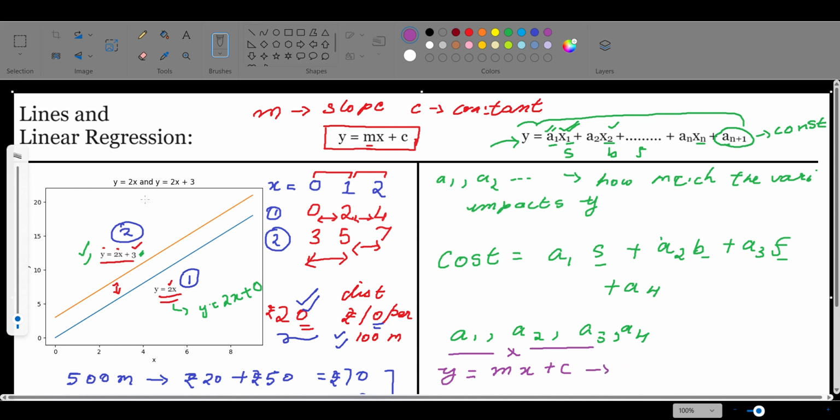And we are only going to try to find a method of finding the most optimal values of m and c. And this is called simple linear regression. I'm just going to write LR to represent regression. It's called simple linear regression because only one variable is used, that's x. If you used multiple variables, x1, x2, x3, and so on, it would be called multiple linear regression.